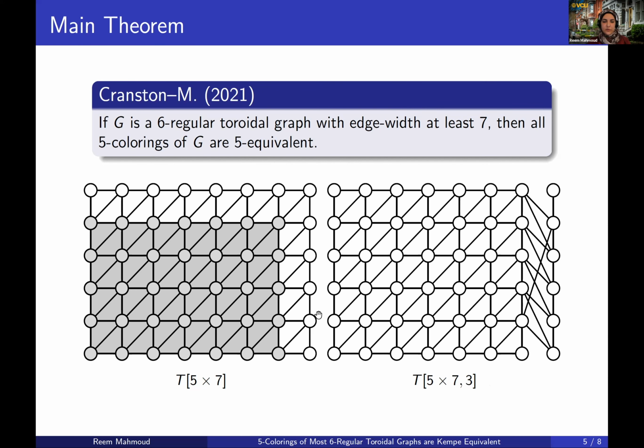It's worth mentioning that the standard structure can also be represented as a structure having a shift of 1. So now that we know that our graphs look like this, what we mean when we say edge width at least 7 is that we want the length of the shortest non-contractible cycle to be at least 7.